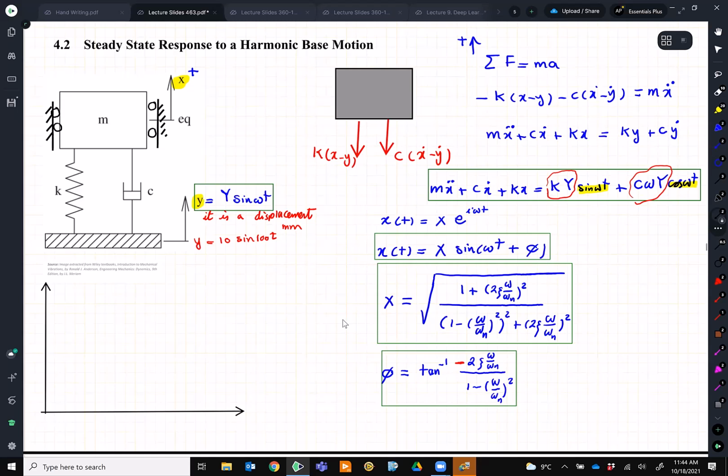X over Y. I guess I forgot something here. Let me double check something. So this X, now that I have a base motion, it should have a kY over here. All right, please correct it here, guys.